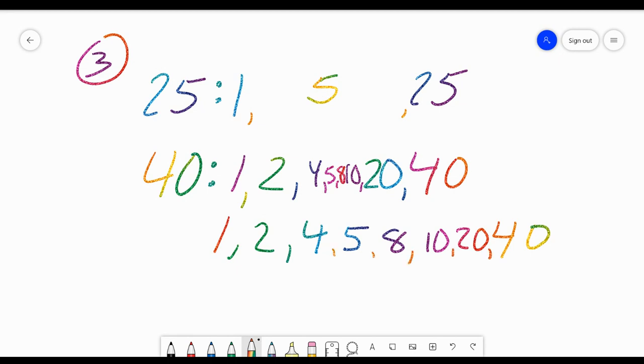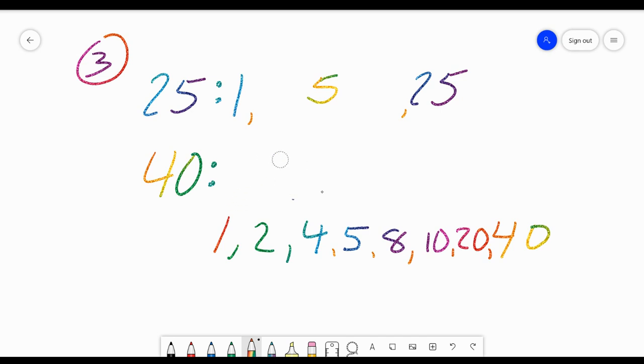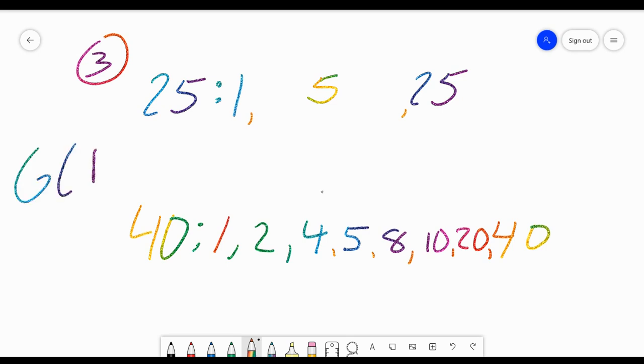There we go. If that does happen to you, just take your eraser and clean it up a little bit. Sometimes you got numbers that have crazy factors. All right, so now we're just looking out of the factors that they only share a 1 and a 5. So obviously our GCF here for number 3 is 5.